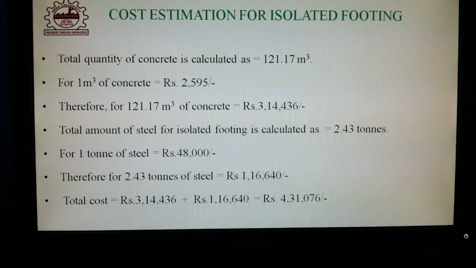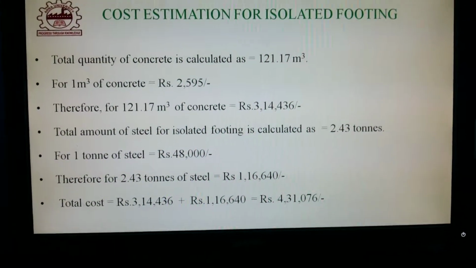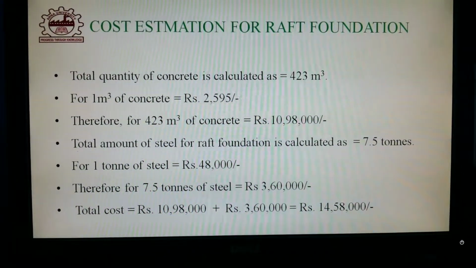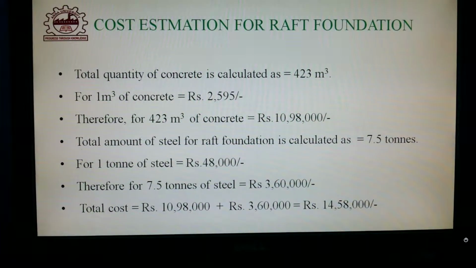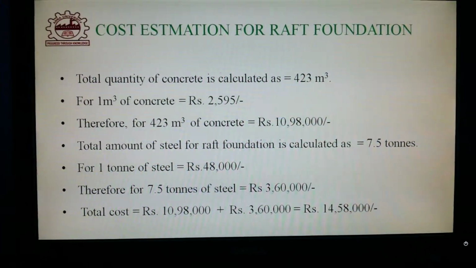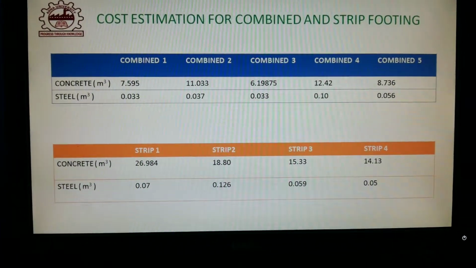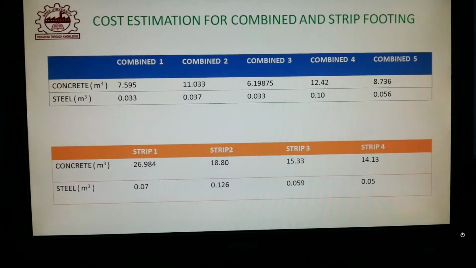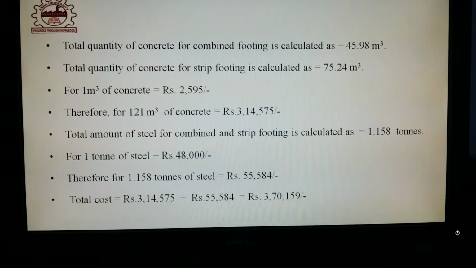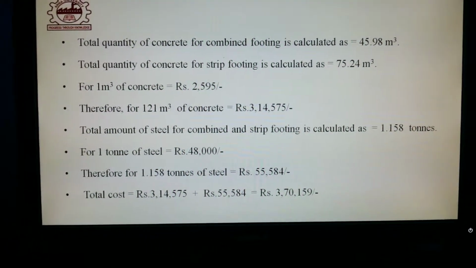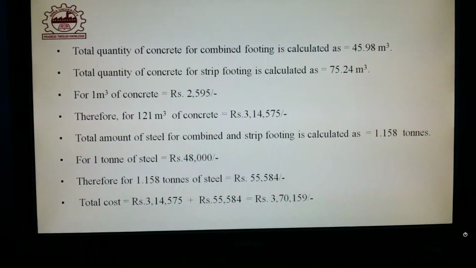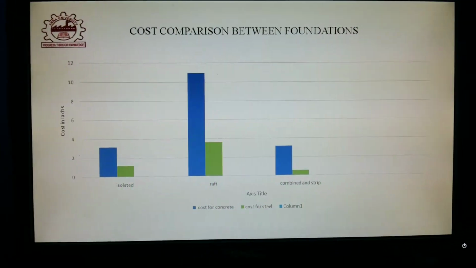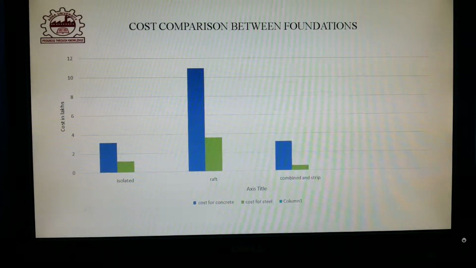For isolated footing, the cost has been estimated as 4,31,076, and the cost for raft footing has been estimated as 14,58,000, and the cost for combined and strip footing has been calculated combinedly. The total cost for combined and strip footing has been calculated as 3,70,159. This slide shows the cost comparison between foundations.